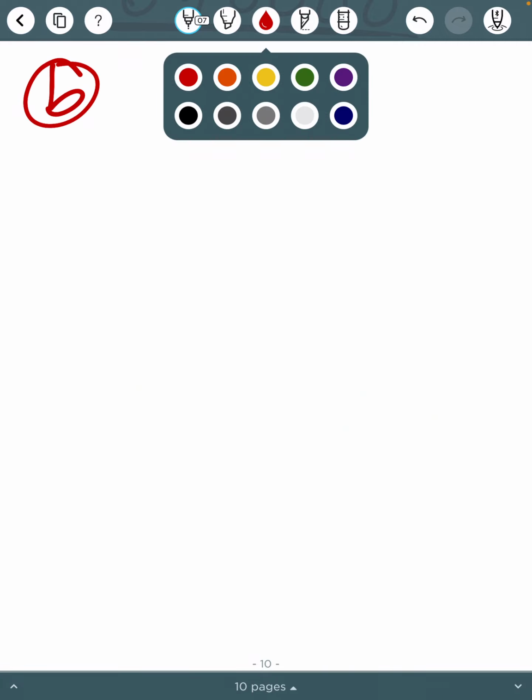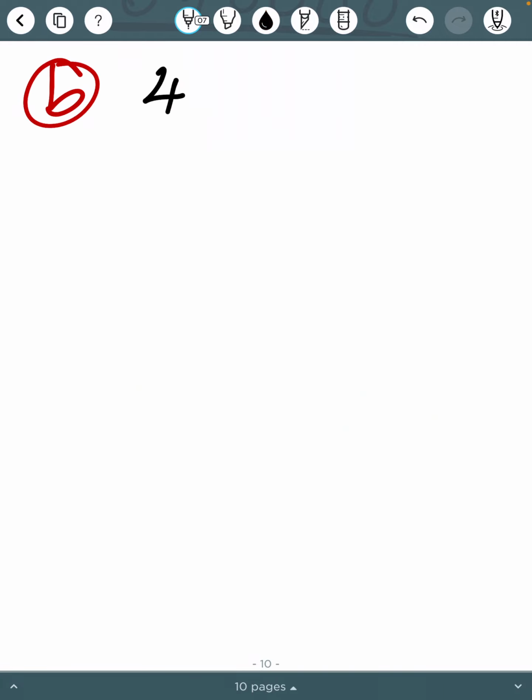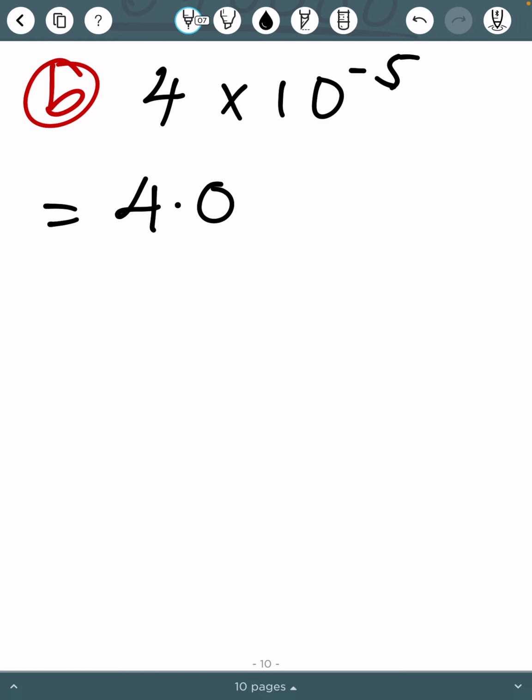Also, question 2b says I should change 4 times 10 raised to power minus 5 to ordinary form. Don't forget that 4 is the same thing as 4.0, so I'm changing 4.0 times 10 raised to power minus 5 to ordinary form.